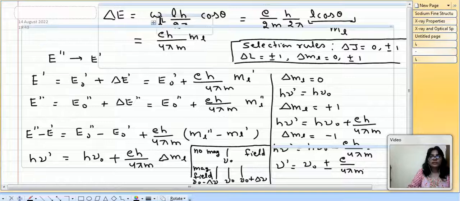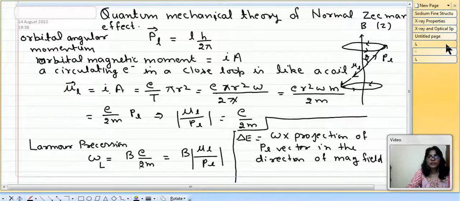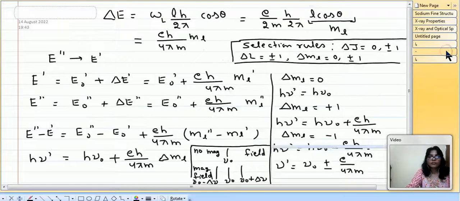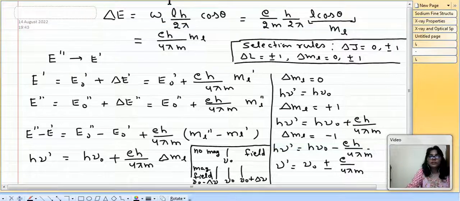Let us go to one more previous page, where I have substituted the value of omega L; there will be a correction. Yes, here it is the value of omega L. Omega L means there will be B also. I have substituted only E by 2m, but there will be B also.